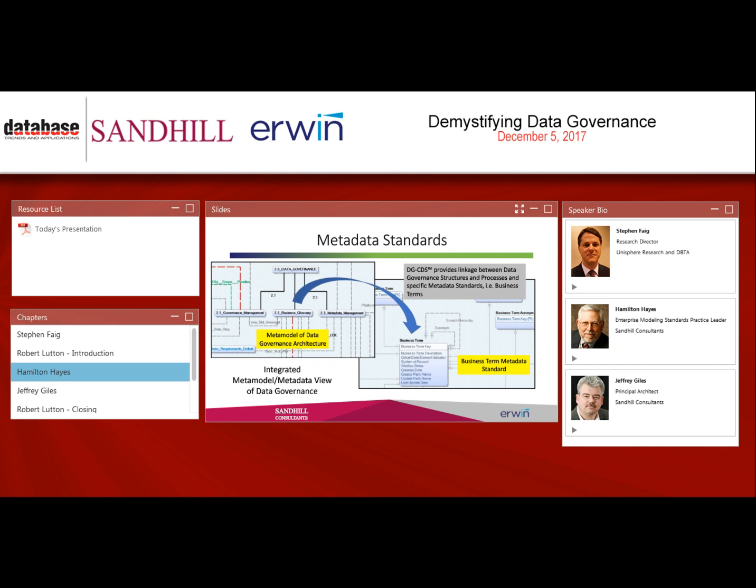These also decompose into the specific metadata standards. Here's one for a business term that identifies all of the metadata for the business terms. These, of course, can be expressed in terms of those elements that are critical to the enterprise and critical to that particular data element. So we've got a linkage between these within our model of the enterprise.